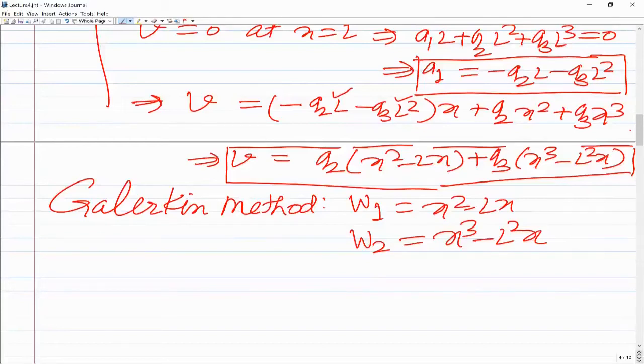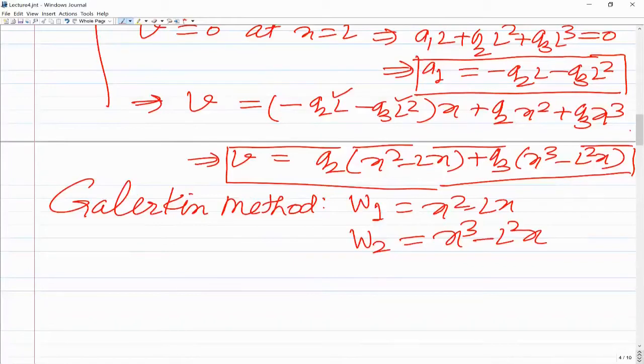The next level of approximation could be that we take a 5-term solution initially in terms of a0, a1, a2, a3, a4, and eliminate two constants using the essential boundary conditions, and then you will have three unknown constants to be determined. So you will have three weight functions, three simultaneous equations, and will be solving for a2, a3, a4 in that case.